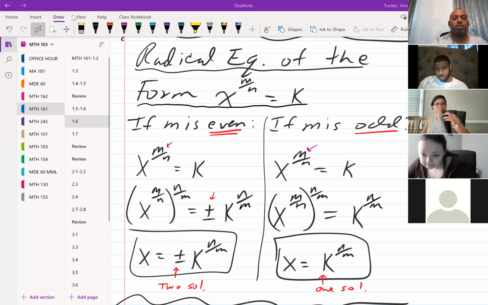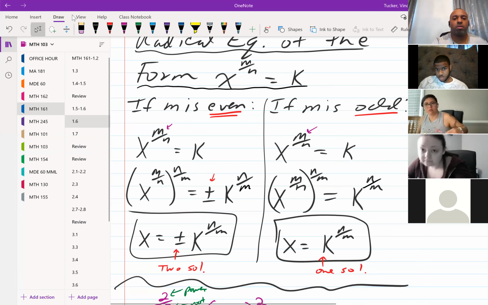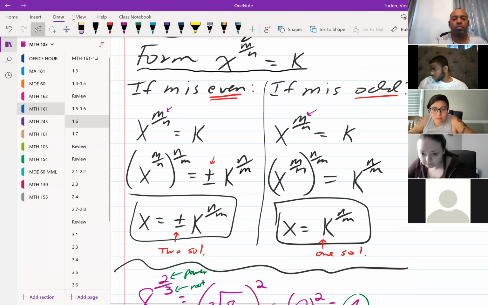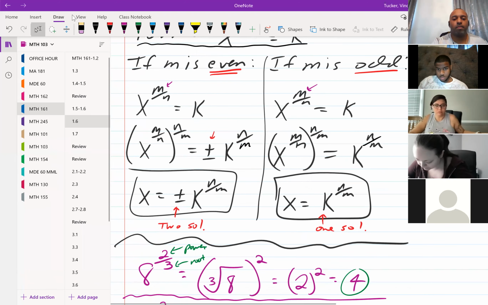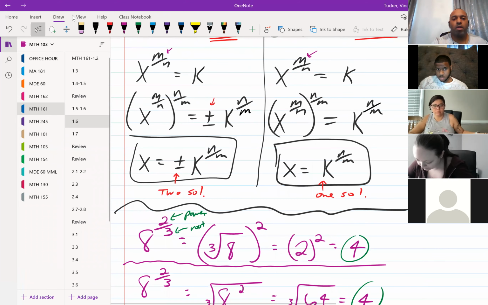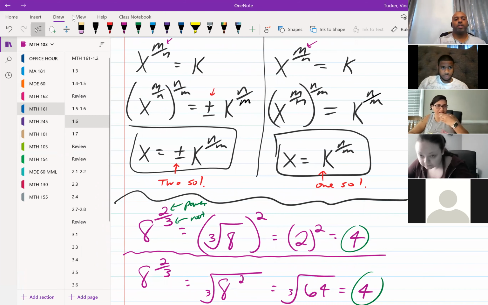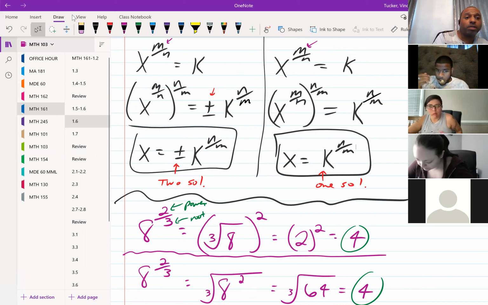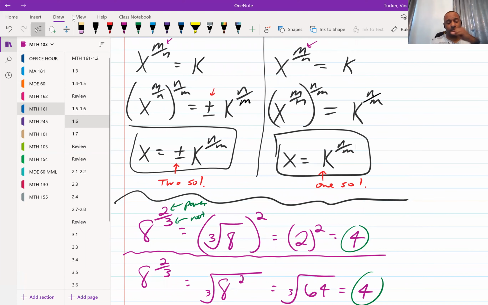All right, still copying. All right, so before we solve with that, I do want to make sure we understand the process of using these exponents when they're fractions. If I have 8 to the 2/3 power, always hold true to the fact that the numerator is your power, your denominator is your root or your radical.